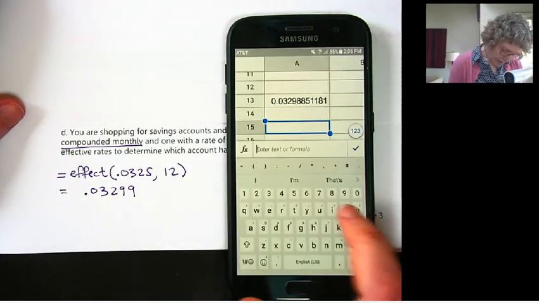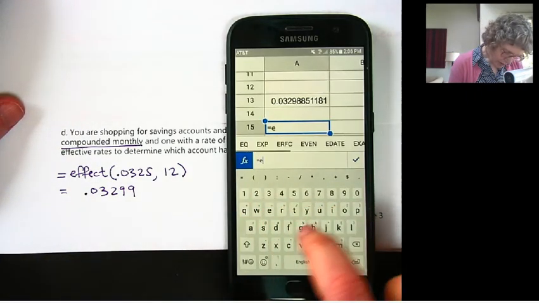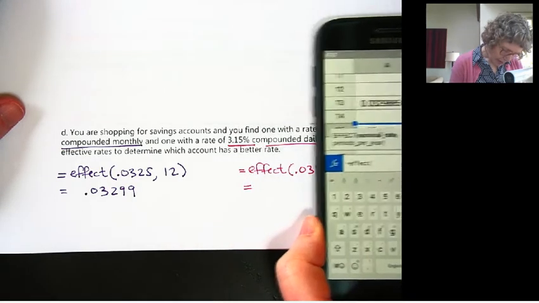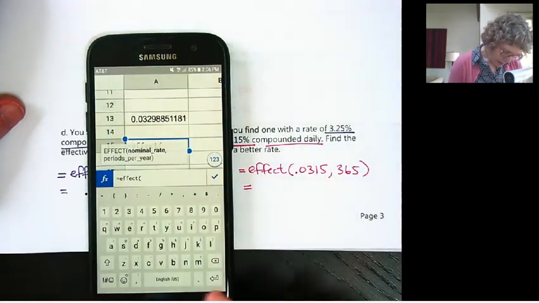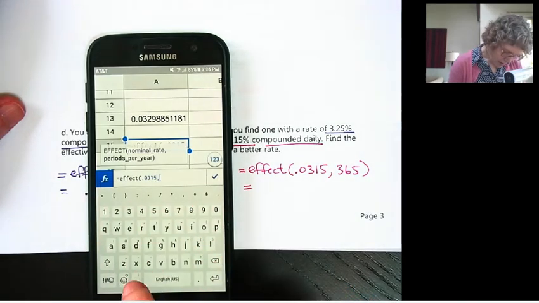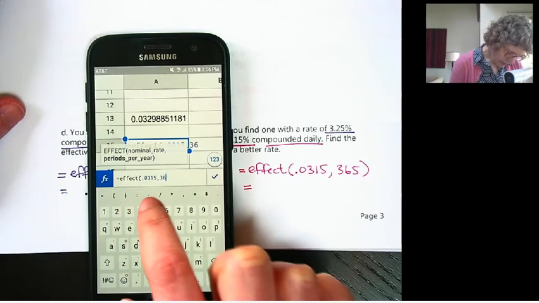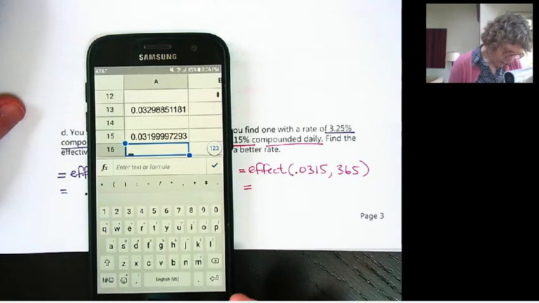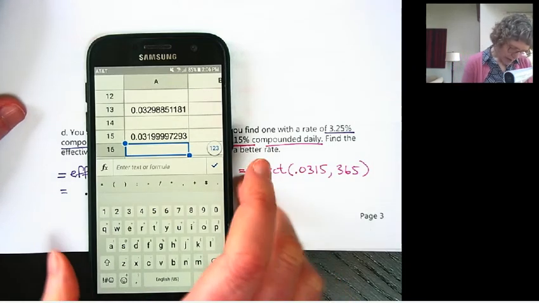So I'll do the other one, EFFECT, and then I need 0.0315 comma 365. It is less.